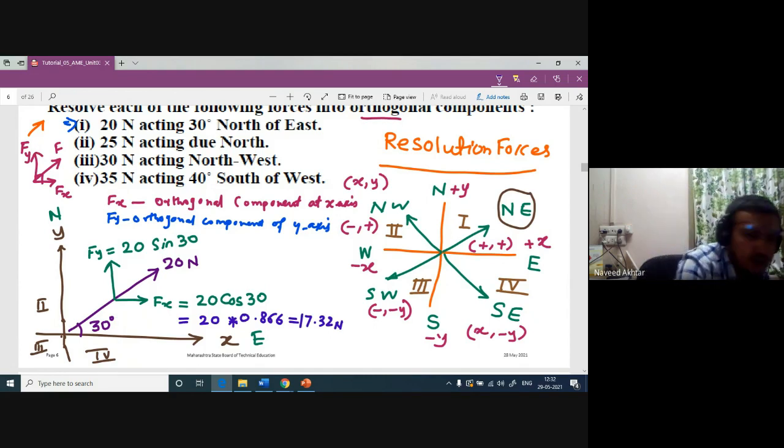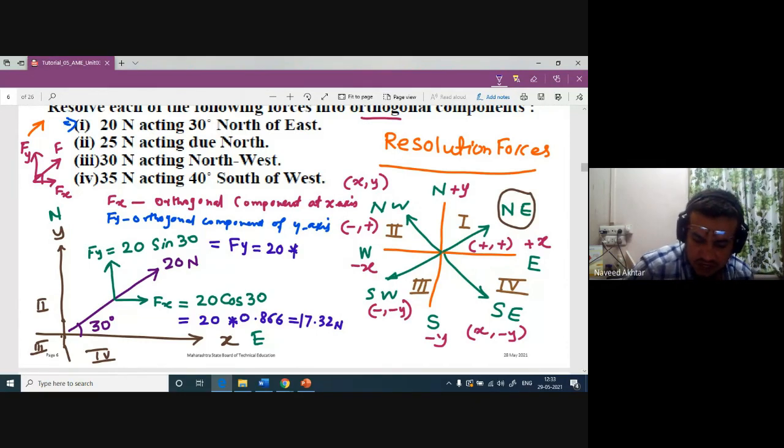Similarly, when we find out the Fy component, Fy is equal to 20 sine of 30. What is the sine of 30 value? It is nothing but 0.5.